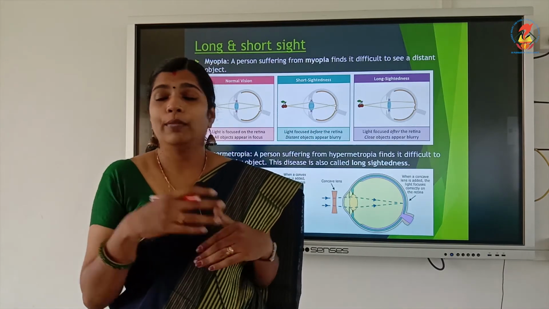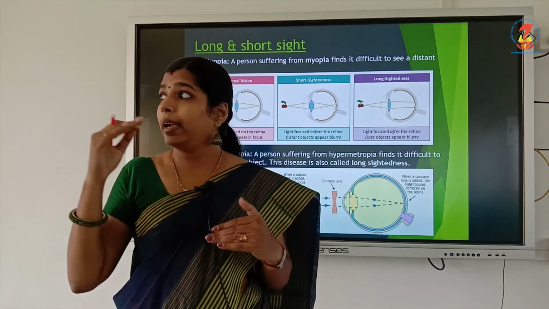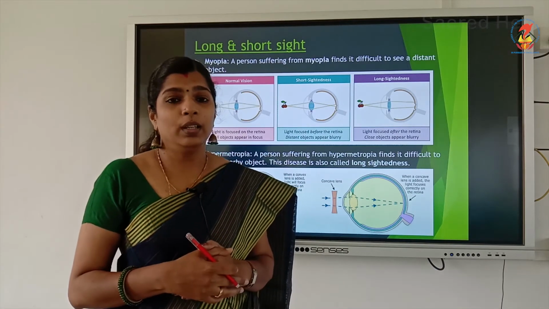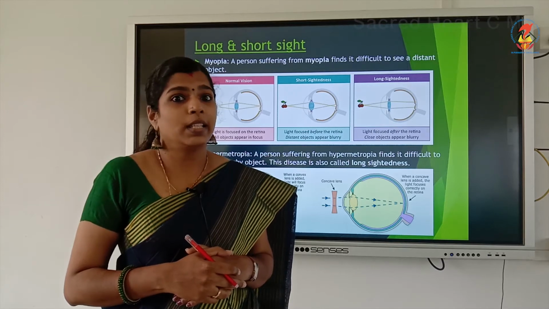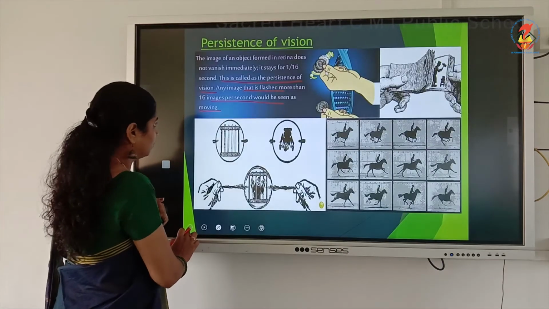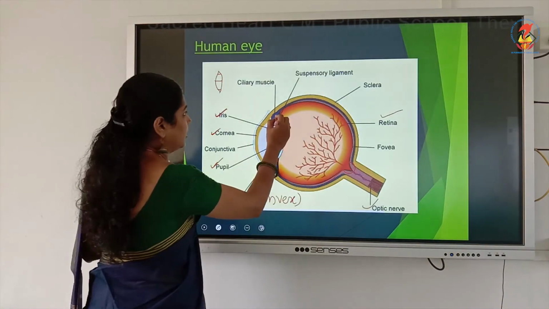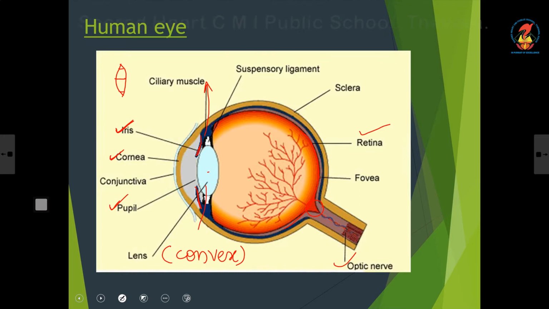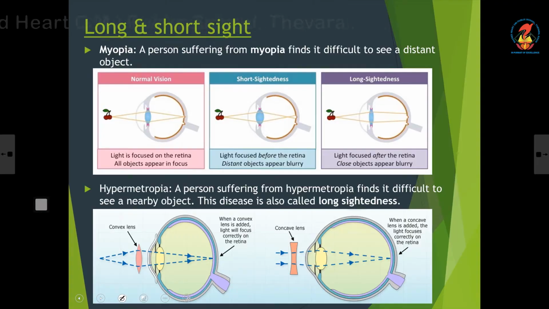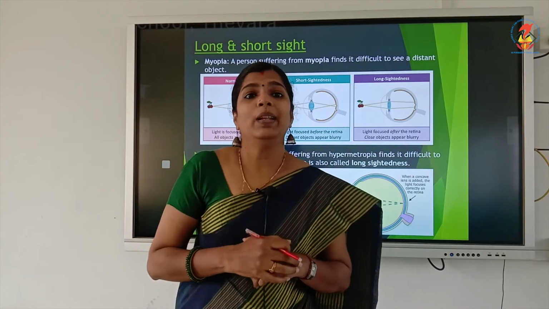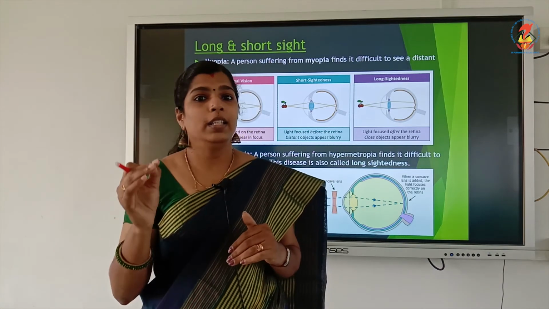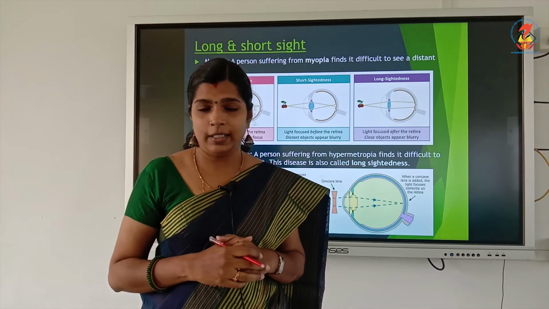After some time, when you look out, you can see a distant tree also. That's done with the help of the adjustment by the ciliary muscles. This is the ciliary muscles. That will hold the lens. So, the ciliary muscles will adjust and we will be able to see near objects as well as distant objects clearly.